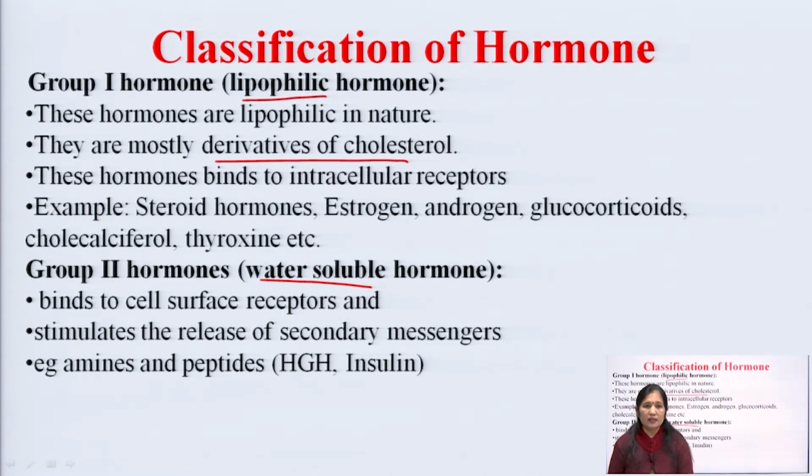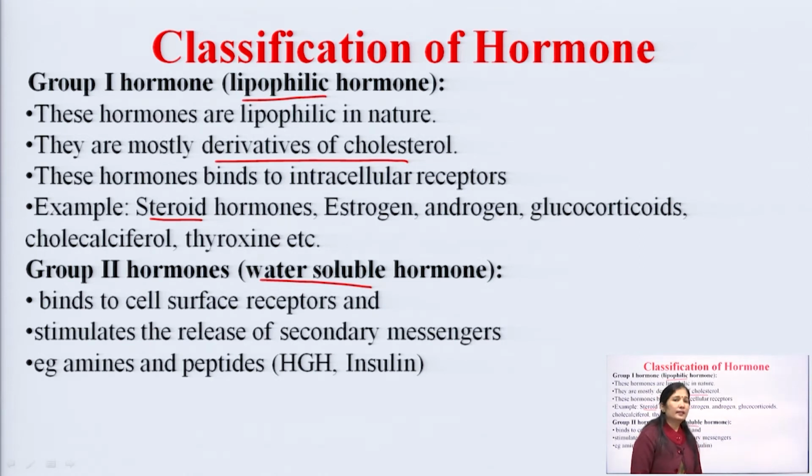Intracellular receptor means that the receptors for the lipophilic hormones are present inside the cell. Examples of lipid soluble hormones are steroids like glucocorticoids, mineralocorticoids, estrogen, androgen, and the thyroid hormones T3 and T4, thyroxine and triiodothyronine.